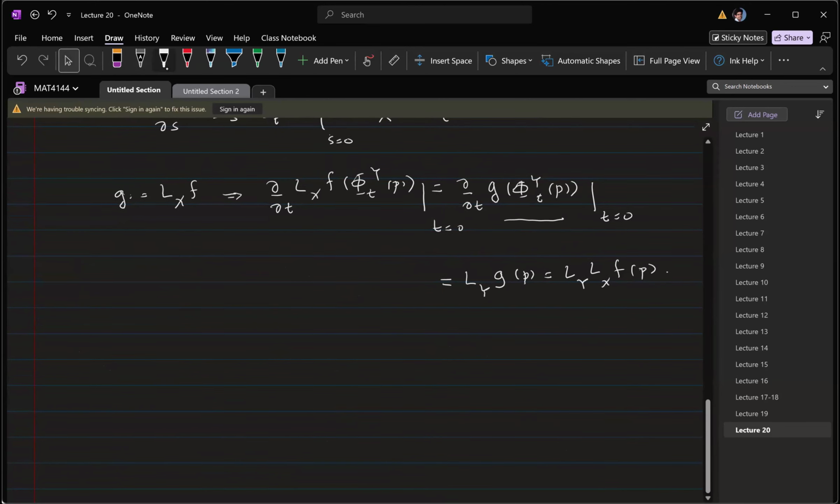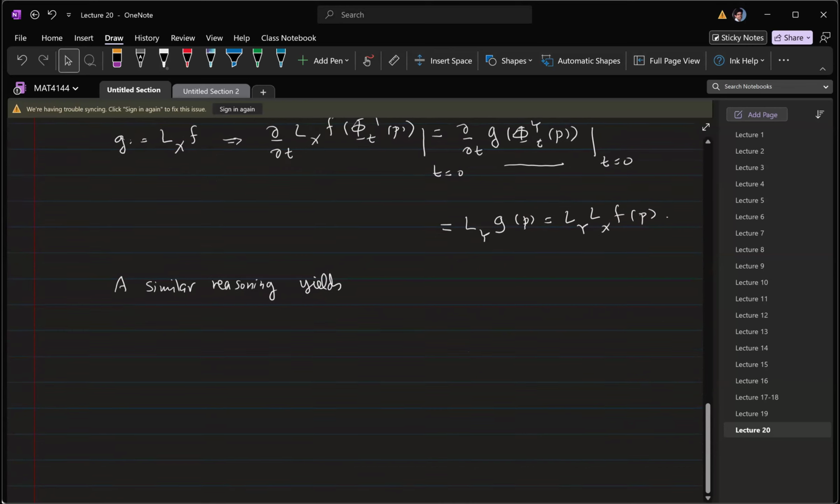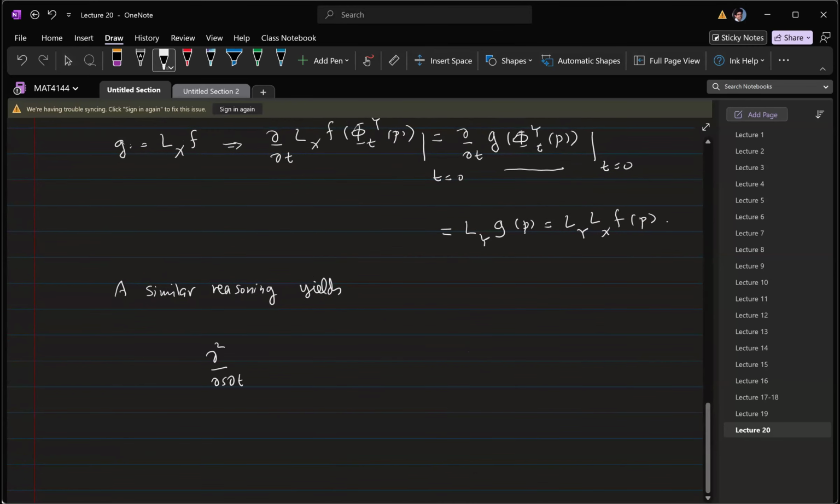Right, so consequently, a similar reasoning yields d squared over ds dt of the other term, which is f of phi_y^t phi_x^s p, is L_x L_y f at p. Okay?